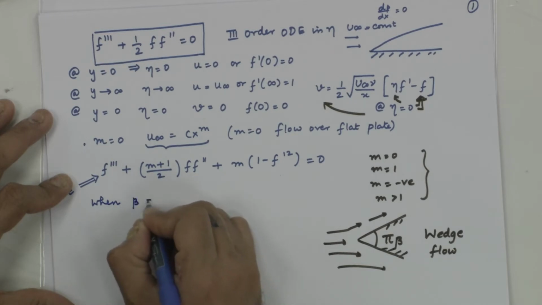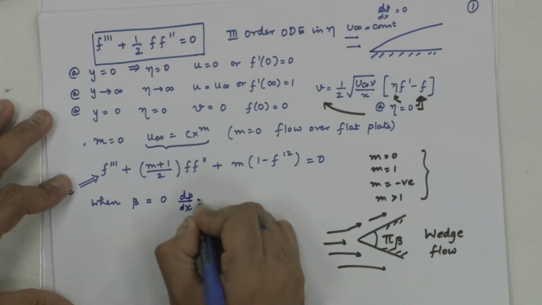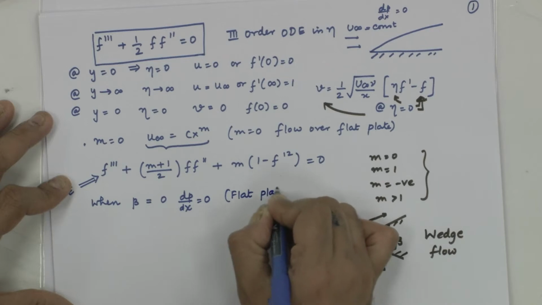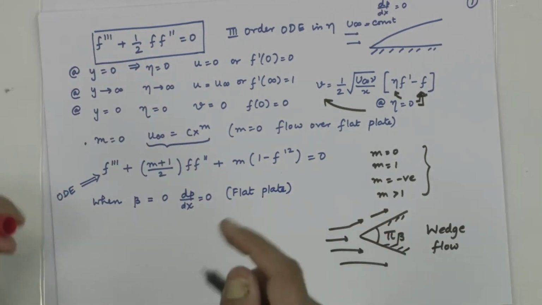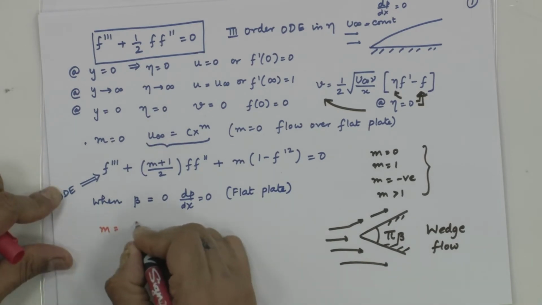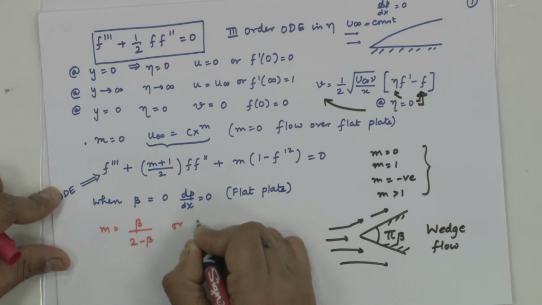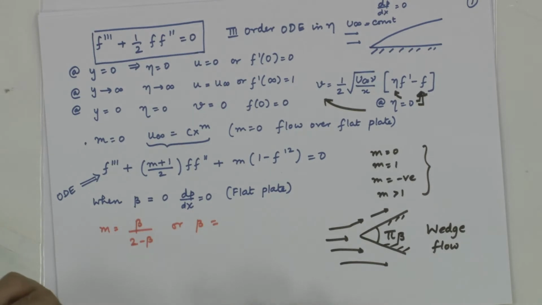when beta is equal to 0, that is dP by dx equal to 0, we get flat plate. What was my beta? Remember, recall this definition, m we got as beta over 2 minus beta, or beta is equal to 2m by m plus 1.